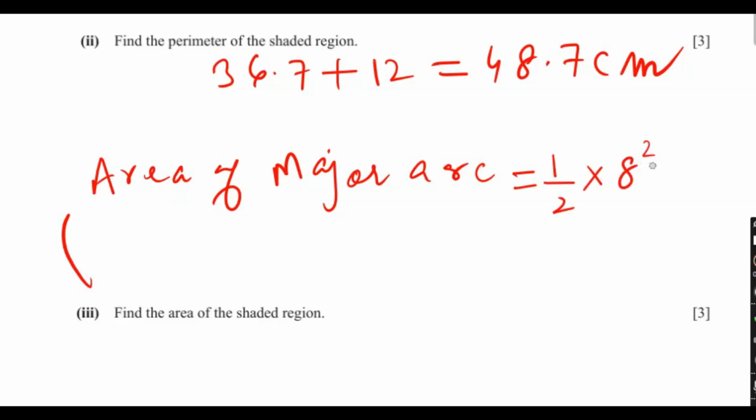Radius is 8 square into theta. We have to use the major angle, that is 4.59. Simplify it from your calculator. You will get 146.88. Now find the area of triangle.